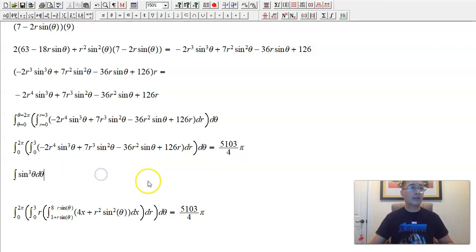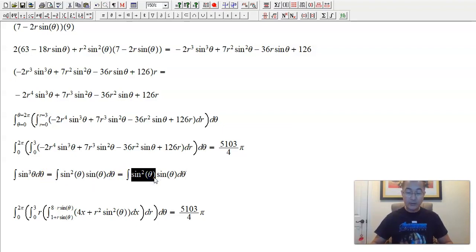So what is the antiderivative of sine cubed theta d theta? The trick is to borrow a sine. So we will have sine squared theta, and then an extra factor of sine theta. Maybe you remember this from your second semester calculus class, 5B. We did that because now we can use the Pythagorean identity.